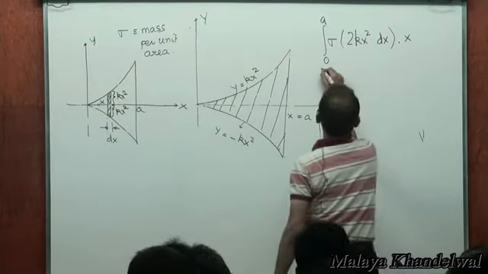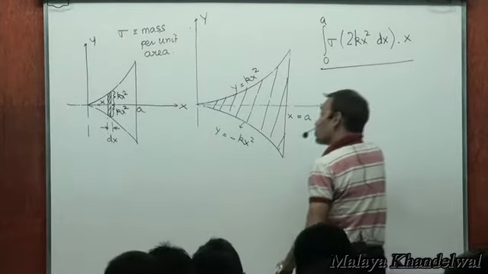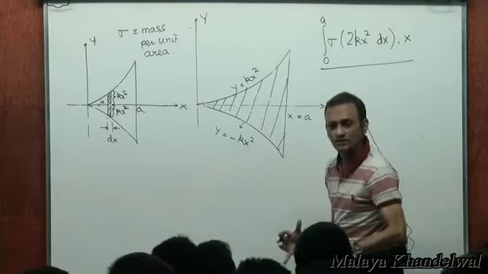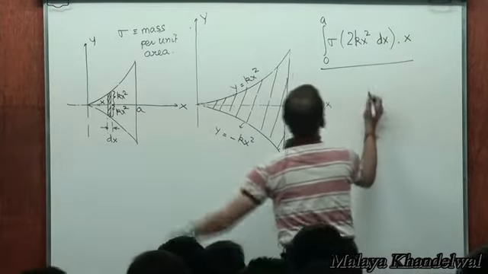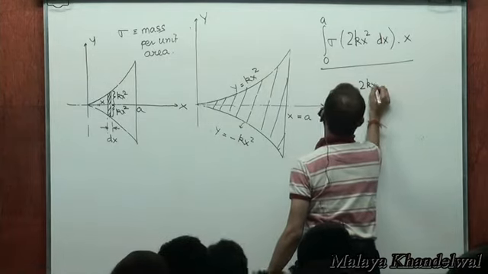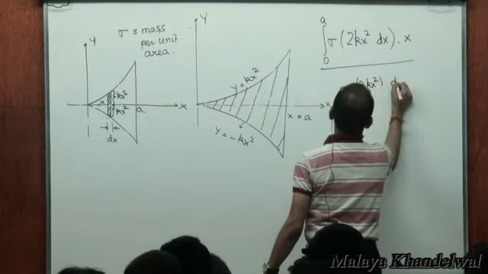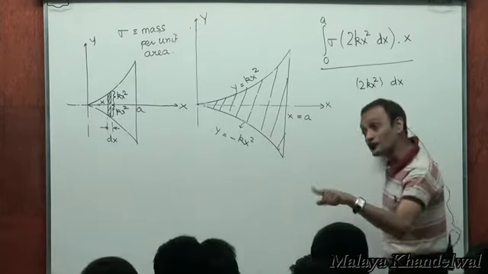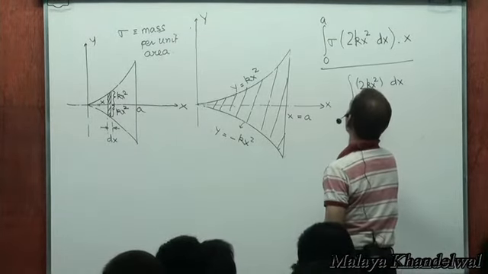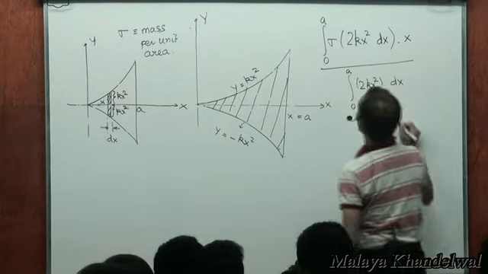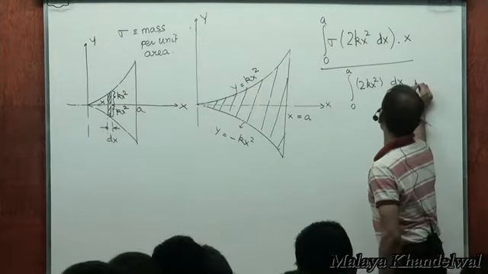Now, divided by the total mass. See, the mass is not given. So what I'll do is, again, to find the mass, I'll take this strip, which is 2kx squared is the length of the strip, into dx is the thickness of the strip. That's the area of the strip. And to sum up all of this, starting from x equal to 0 to x equal to a, will give me the total mass into sigma.